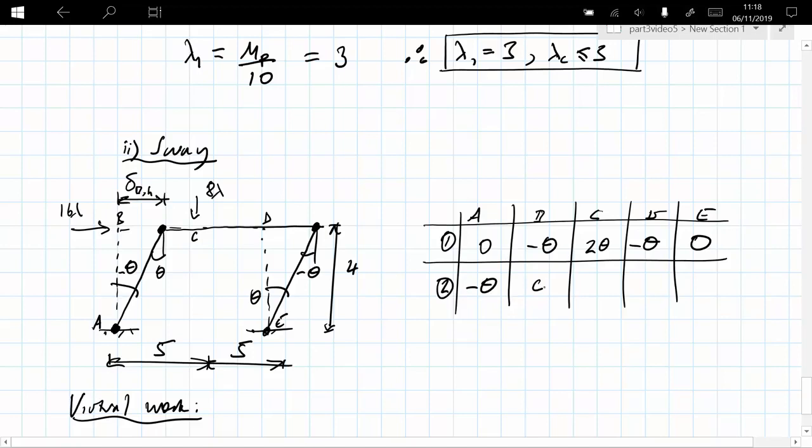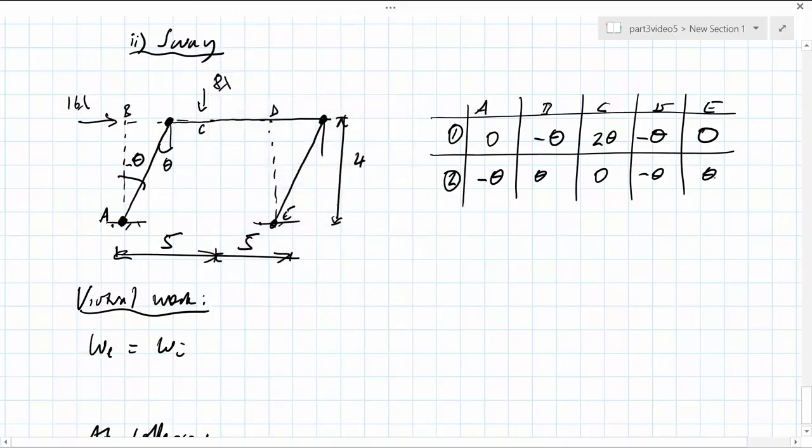So you have minus theta, theta, 0, minus theta, and theta. The horizontal displacement, delta BH, is equal to 4 times theta, and the vertical displacement, dCV, is equal to 0.